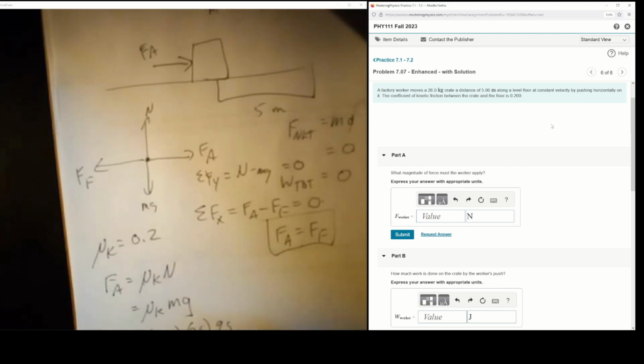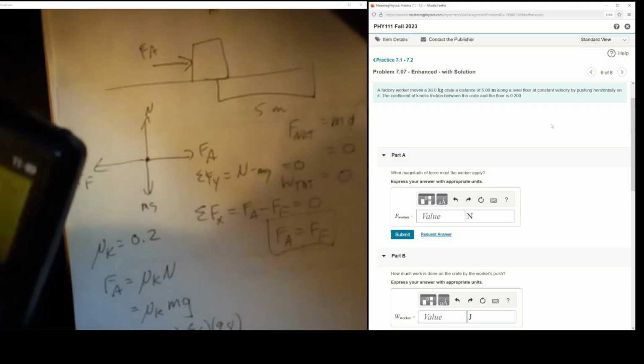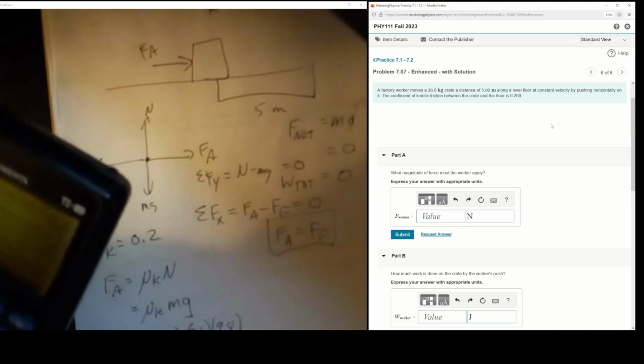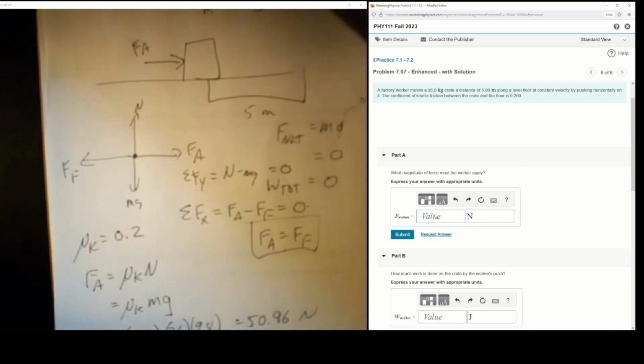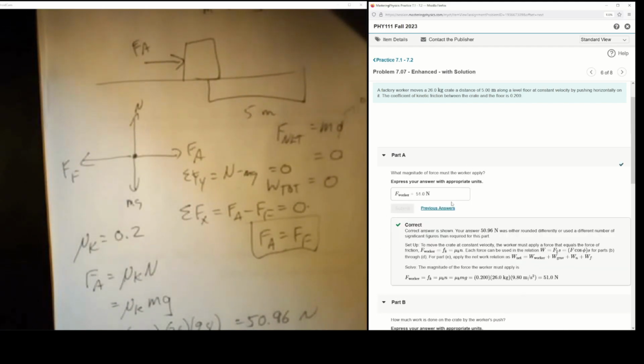And g is 9.8. And we get 50.96. So 51 must be that net force. Or not the net force, I'm sorry, the force being applied from the worker. And they'll probably round that to 51. Yeah, 51 newtons.